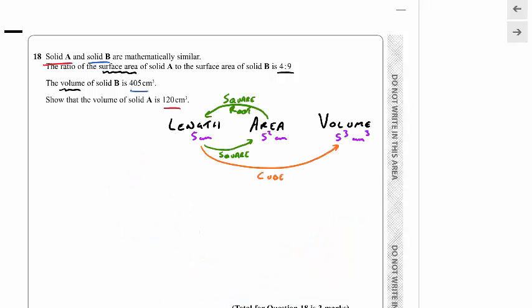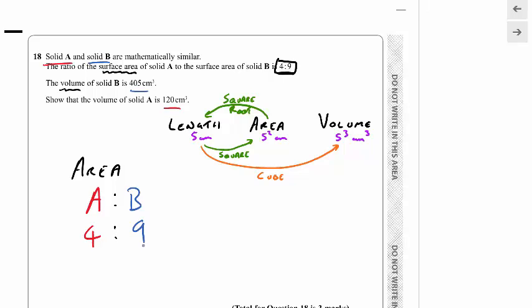Okay. So now let's go back to the information in the question. I've been told that the ratio of the surface areas of the two solids is 4:9. Well, what does ratio mean? So I've got solid A to solid B, so the surface area, or just area, of solid A to solid B is 4:9.